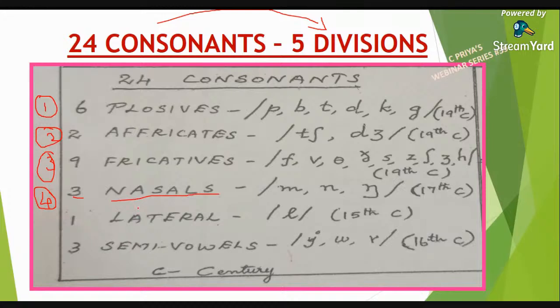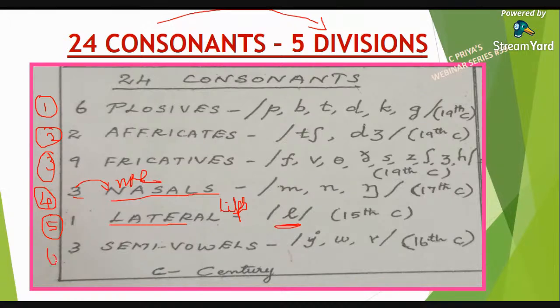Nasal means nose. 3 sounds are produced using the help of the nose. And the fifth one is lateral. We use the tongue to produce only one sound, L.